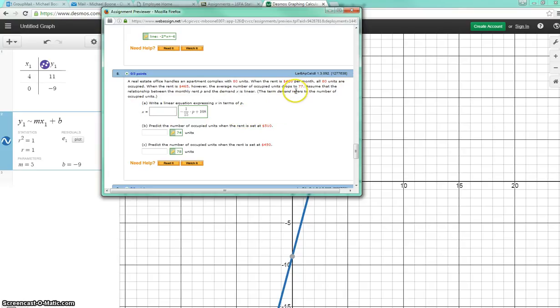The 2 points I would have, letting P be my x value, my independent variable: I'd have the point 420, 80, and then another point 465, 77.